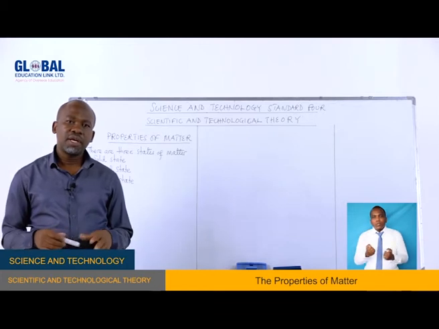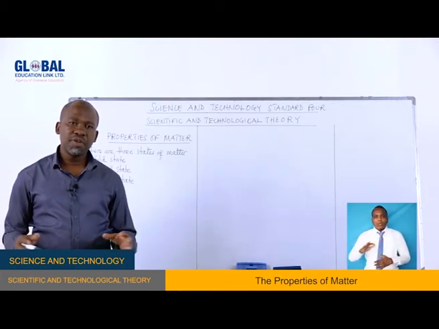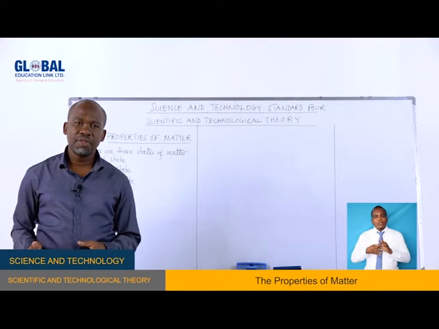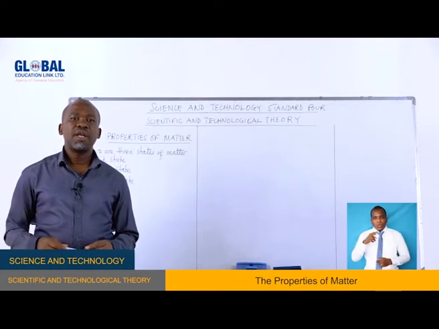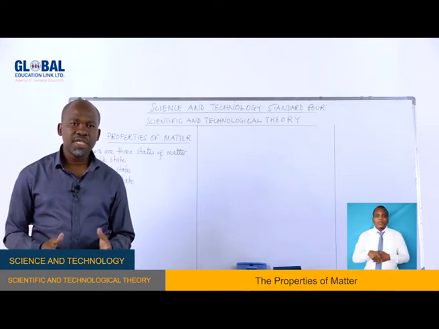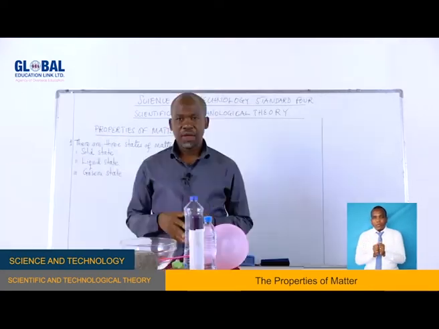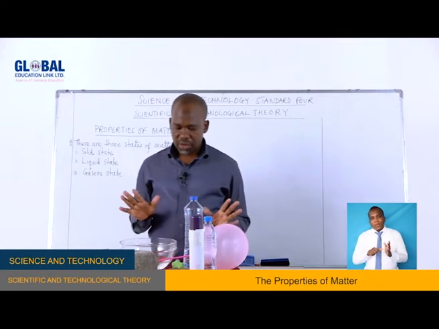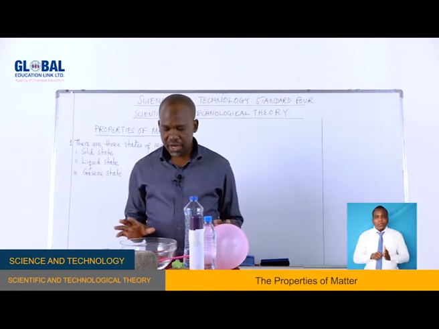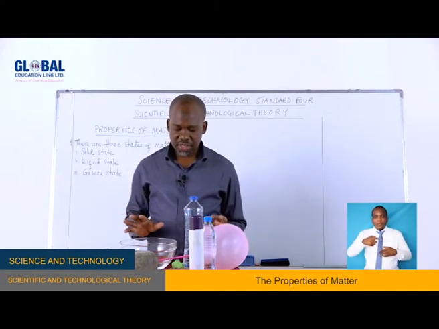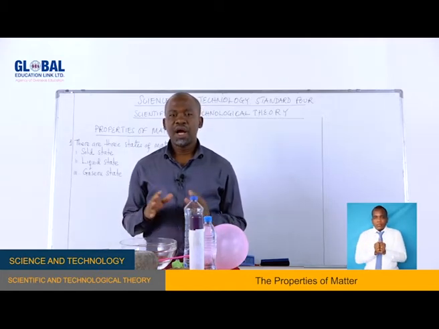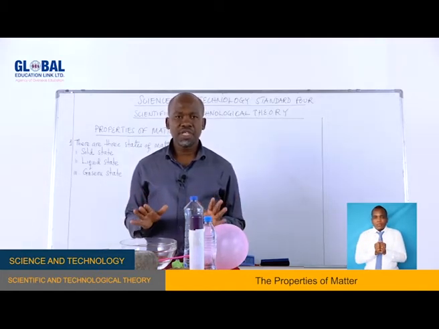Now, join with me to see different things I have come with today and to see the properties of different objects. You're welcome. Dear pupils, on the table here I have different objects which are in different states of matter.